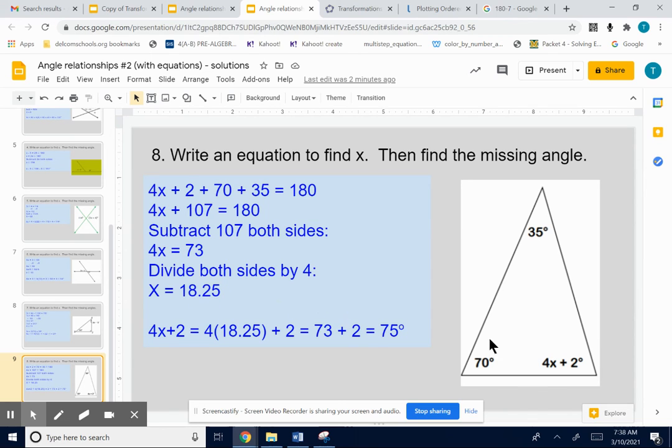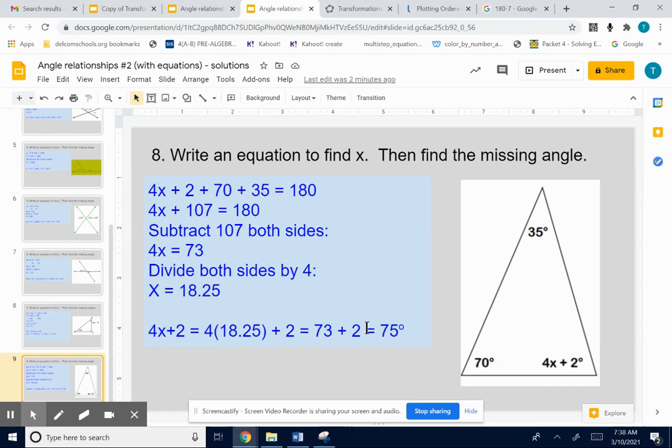So the missing angle, there's just one, 4x plus 2. X is 18.25. So I know that missing angle would be 4 times 18.25 plus 2. So you're just putting that in for x. Multiply 4 times 18.25 and you get 73.